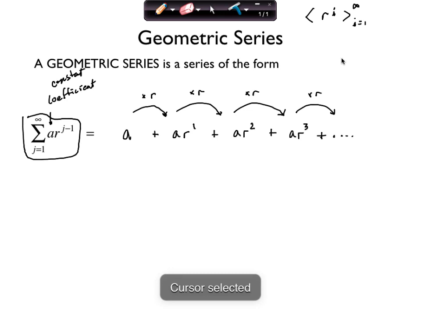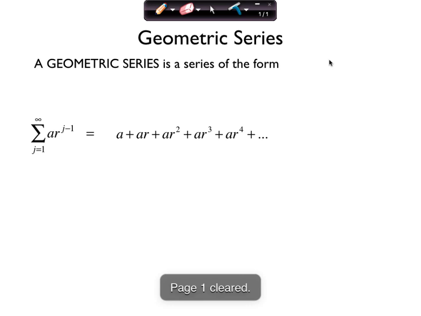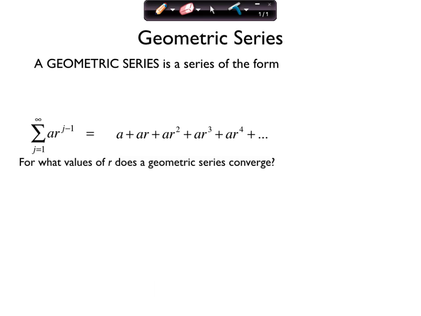So this is our general form of a geometric series. We allow for a constant to start. And then all the terms are that constant times some multiple of r. Okay, so the question is, for what value of r does a geometric series converge?